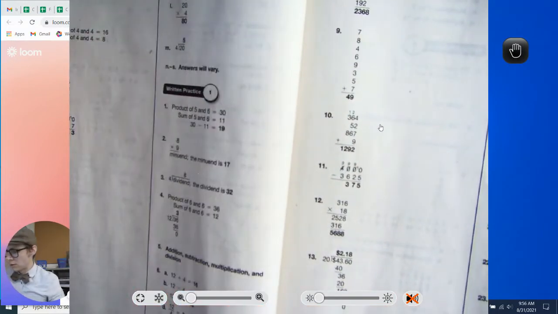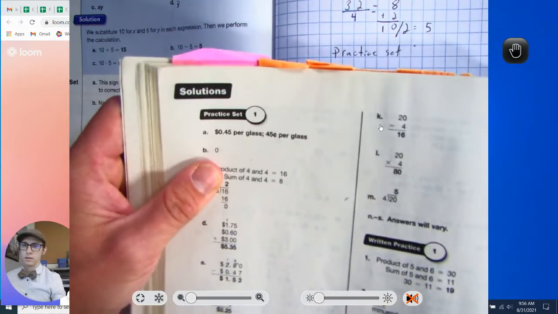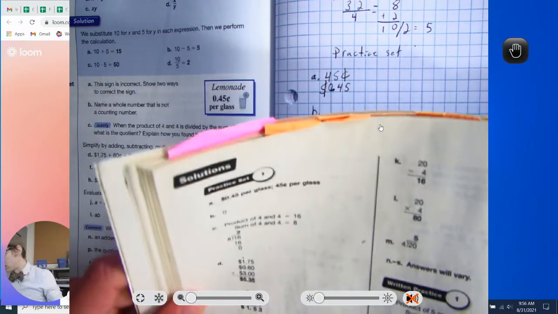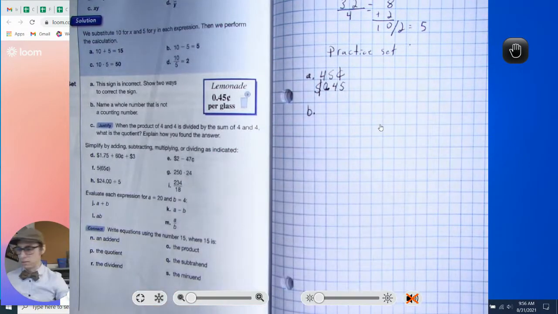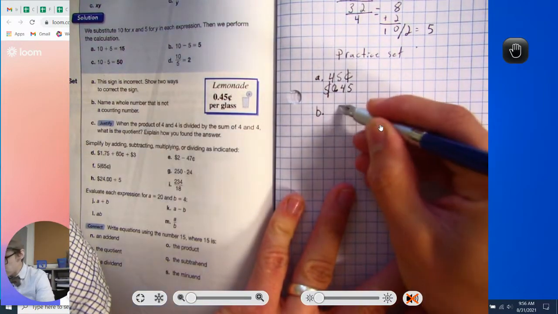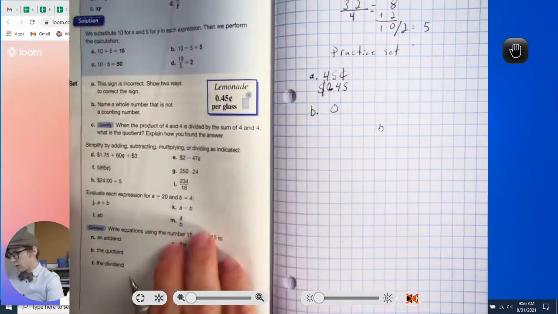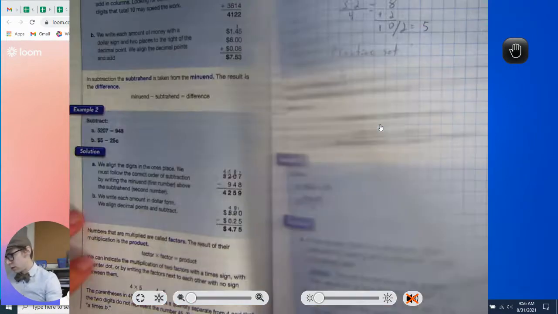Oh, 0. It's not a counting number. So it's a whole number that is not a counting number. Seems like some sort of riddle. All right, so they're looking for 0.